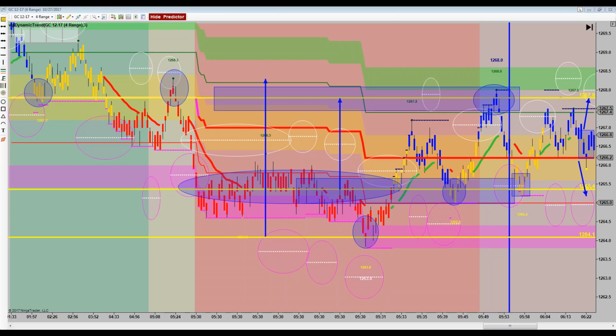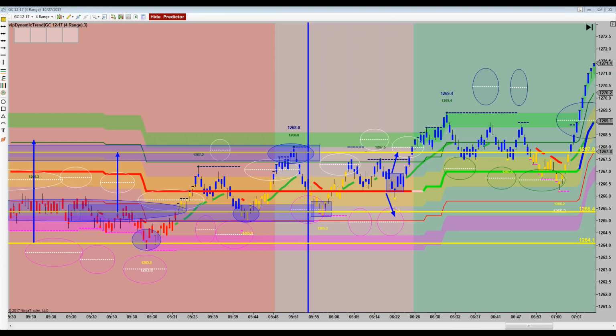Let me bring this up. Now we're looking at gold right around 7 a.m. Pacific. All the pre-market stuff, the lines, support and resistance, and these trades over here, those are all done. We're not looking at these anymore. Now we're focused right here. This is what gold's doing right now.